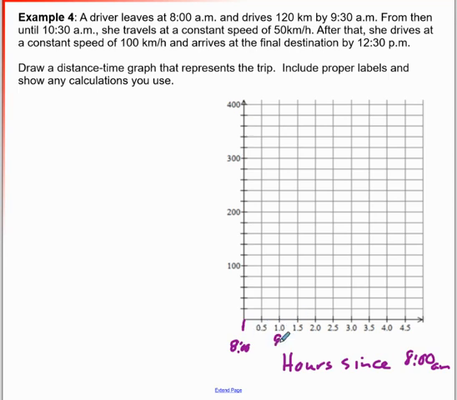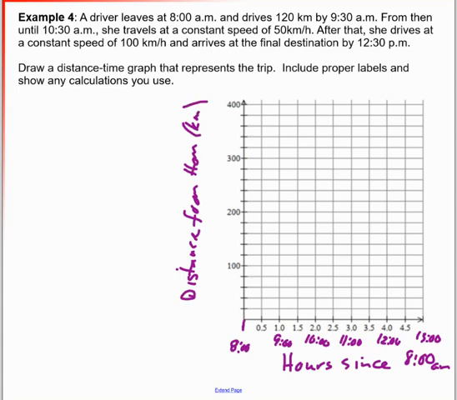Could be 9, 10, and that kind of helps us gauge where she's at in time. Use military 13. Okay, and this would be distance from home, distance from home in kilometers.